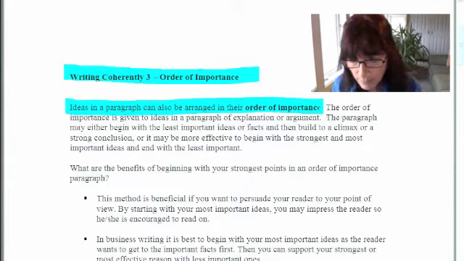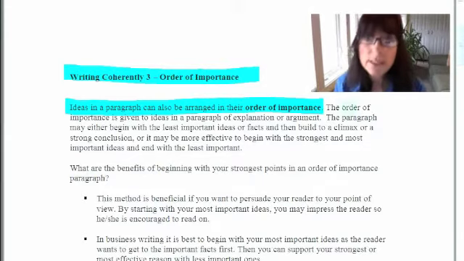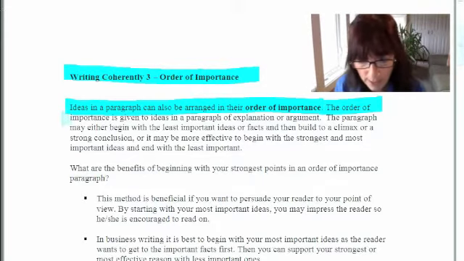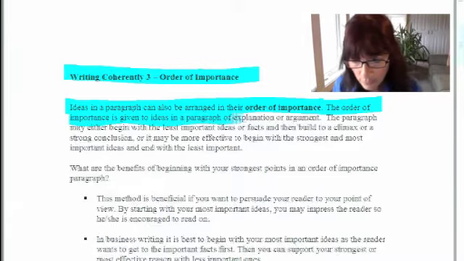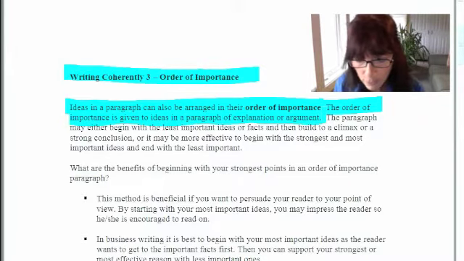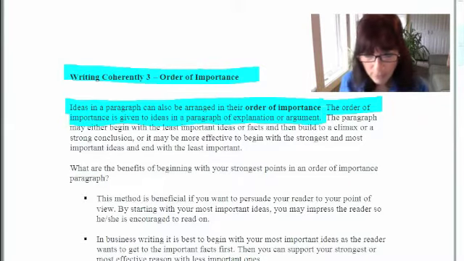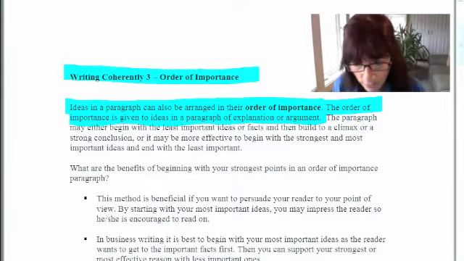Now, ideas in a paragraph can be arranged in something called order of importance, and what that means is the order of importance is given to ideas in your paragraph, which will help in an explanation or in an argument.